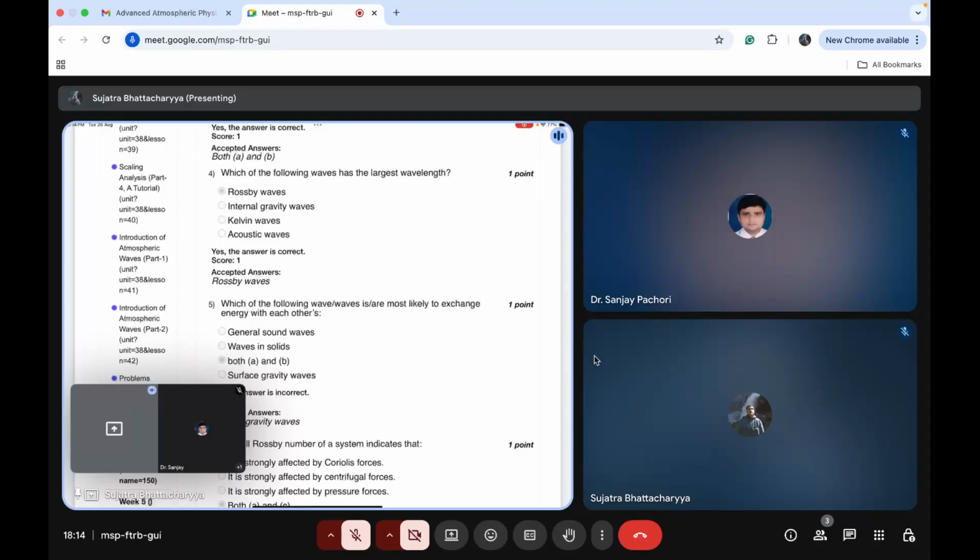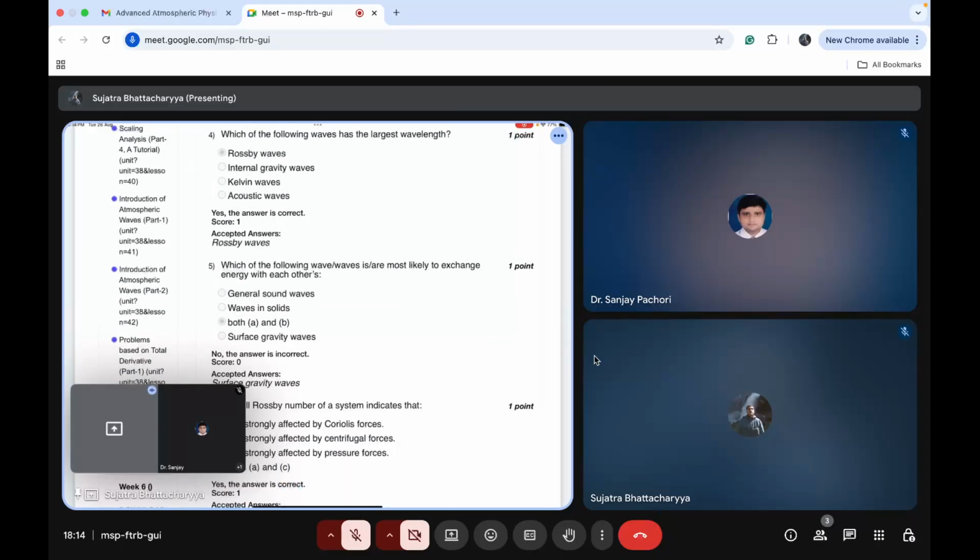Let's go to question number 5. Which of the following waves are most likely to exchange energy with each other? Exchanging energy happens in nonlinear waves. Linear waves generally do not exchange energy.